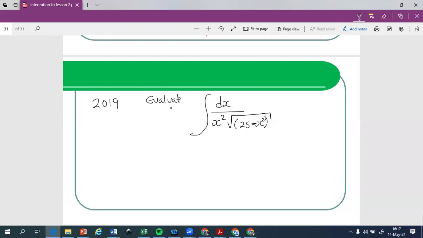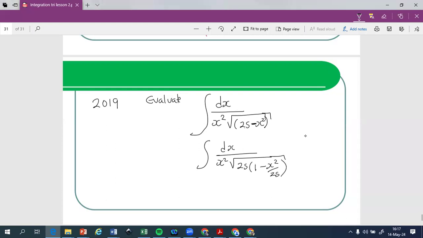Yes, this is sine. But if you have picked the idea of tan, then for sine you can even self-teach yourself. We use the same idea. There's nothing much that is going to change about it. The only thing you need to know is that still for sine, you first remove this 25. You can say integral of dx over x squared. Now to remove this 25 from the square root, I can say 25 into 1 minus x squared over 25.